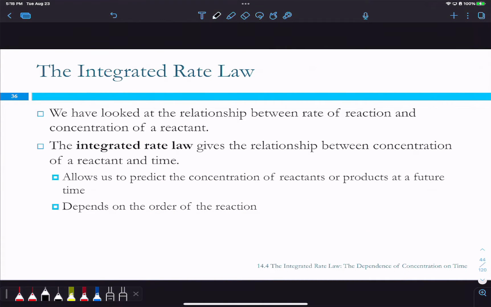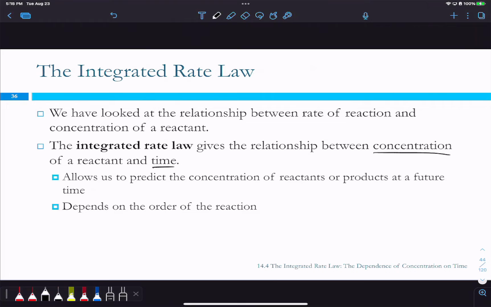So the key to this is the integrated rate law. It involves some calculus. We're not going to get into the calculus. If you want to look up more, the book explains how to derive the integrated rate laws. I'm just going to show them to you, and we're going to manipulate them a little bit. The integrated rate law gives us the relationship between the concentration of a reactant and time.